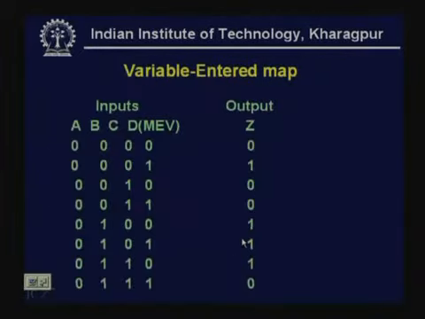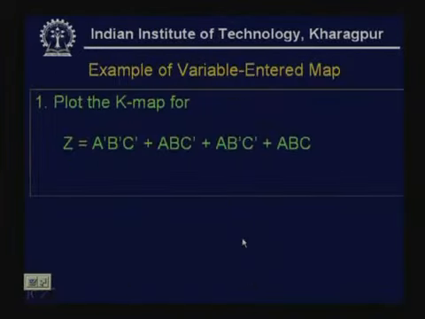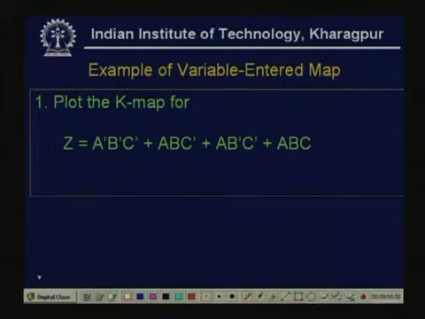See, in the previous example, A dash B dash C dash exists. See here, A dash B dash C dash is one of the min terms. So, that means if A dash B dash is true and C dash is also true, means C dash equal to 1, then the output will be 1, because this is a sum of min terms.